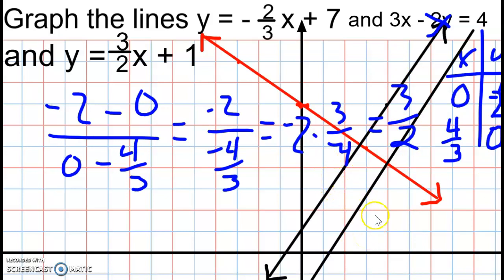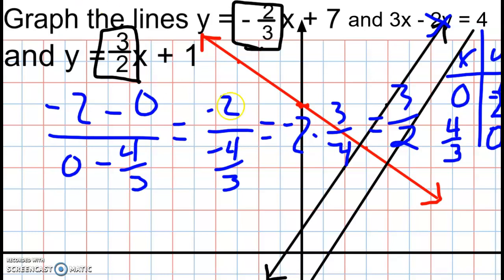When the slopes are the same, the lines are parallel. The red line and the black lines are perpendicular. They intersect at right angles. Notice their slopes are opposite reciprocals. -2/3, +3/2.